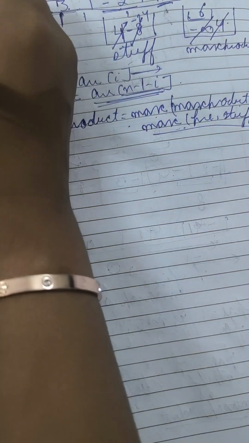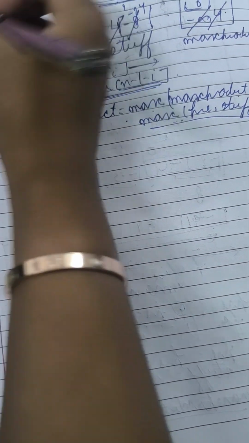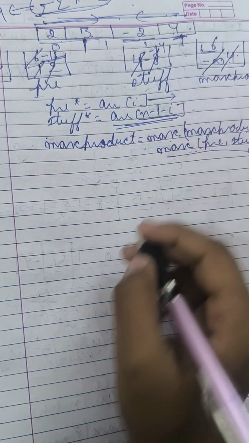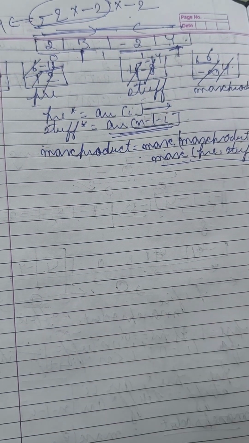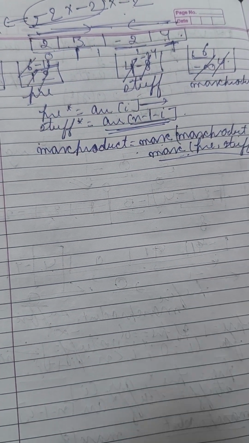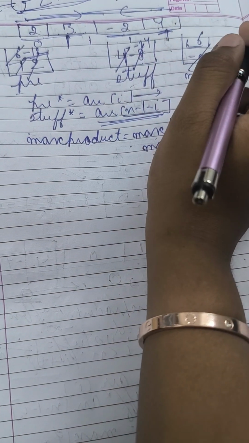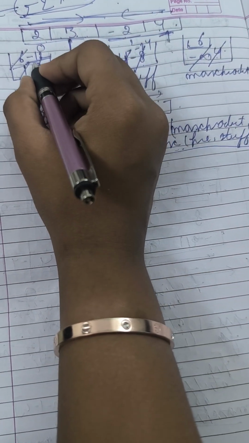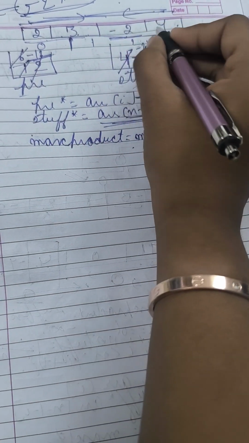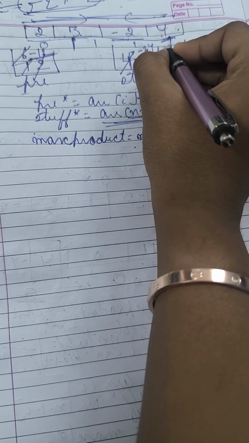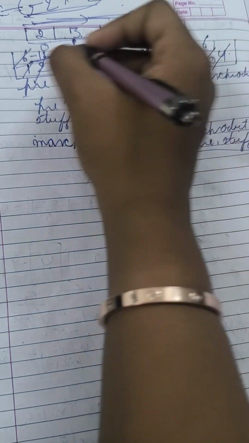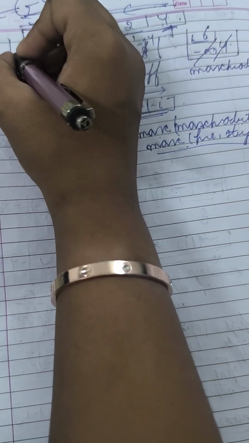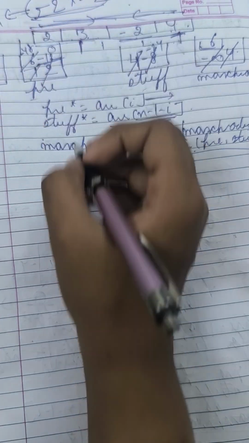Now moving towards the third element, which is this one. Pre equals pre into array of i, which right now is minus 12. So minus 12 into array of i is minus 48. So now it becomes minus 48.